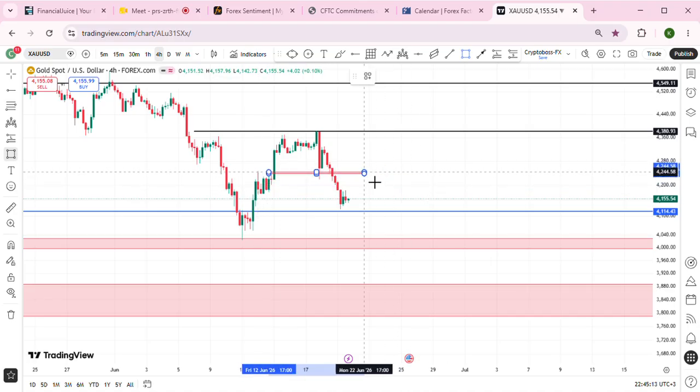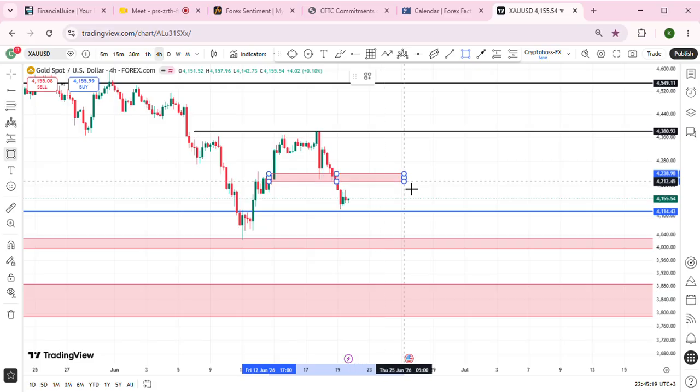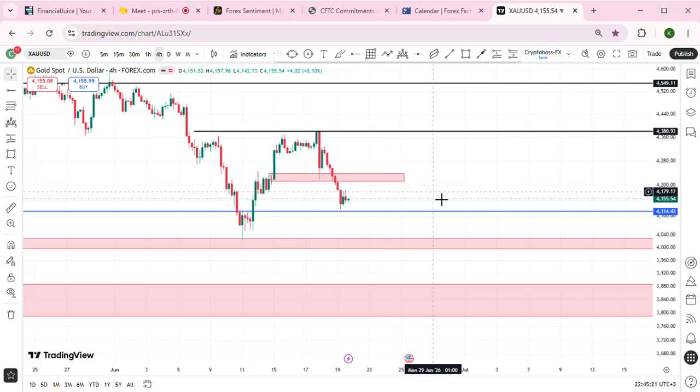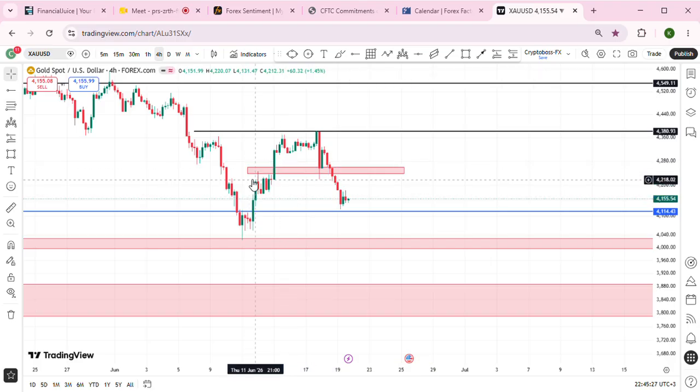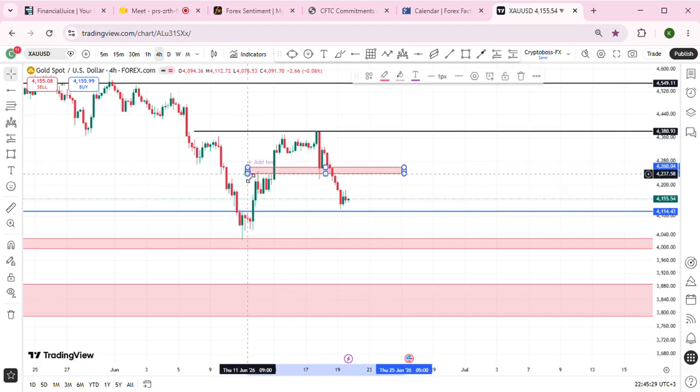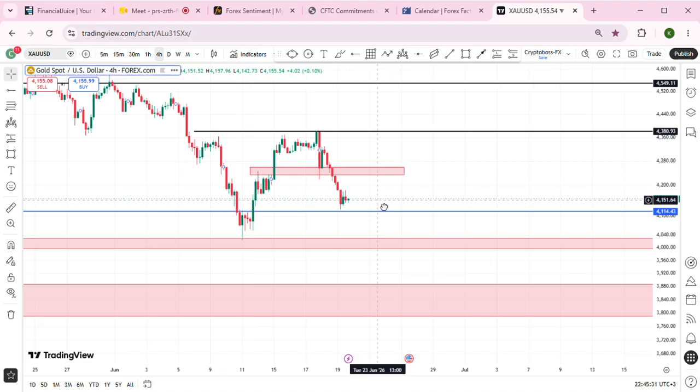So you see this zone here, you have a zone here, a very crucial one, which we need to be watching on gold. We need to be watching this level. This is the 4-hour time frame.